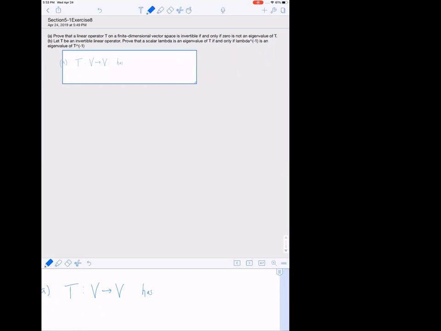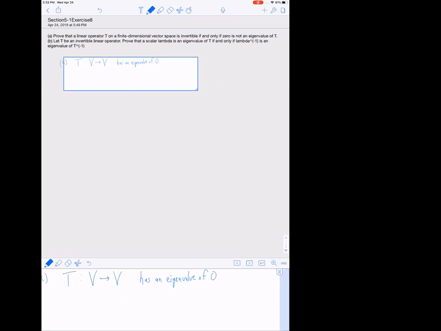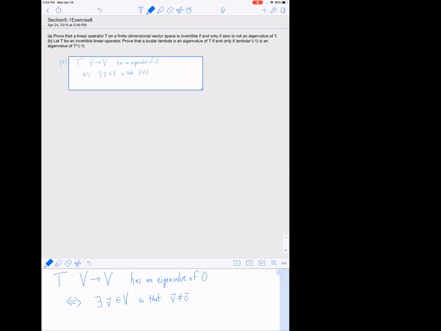T has an eigenvalue of 0 if and only if, well, what is an eigenvalue? It's a scalar such that there is an eigenvector, and the eigenvalue is associated with that eigenvector. So in other words, if and only if there exists a vector little v in V, the vector space, so that v is an eigenvector of T. In particular, that means that v is not the 0 vector.